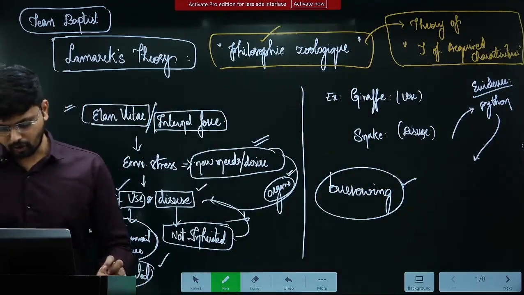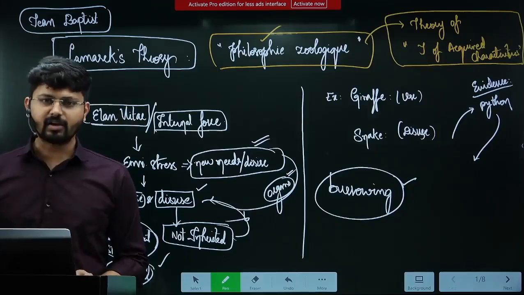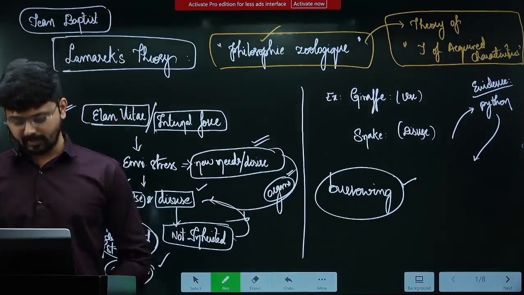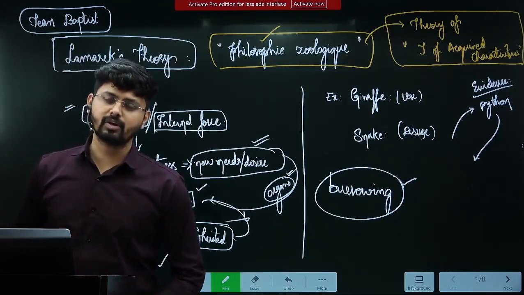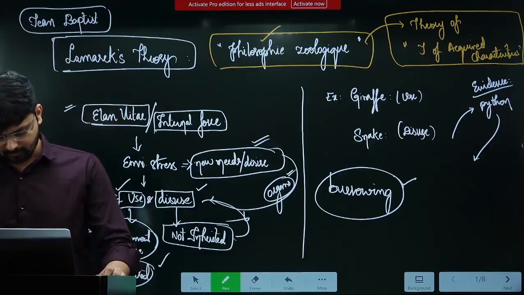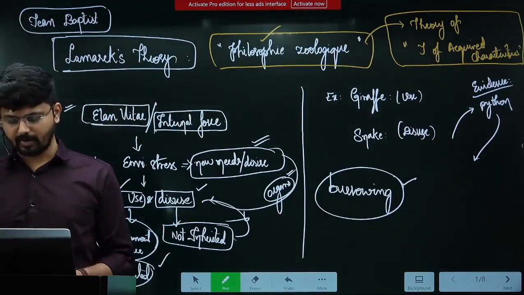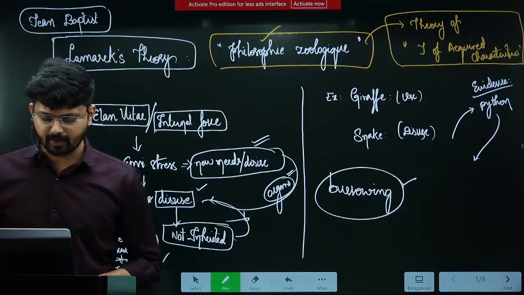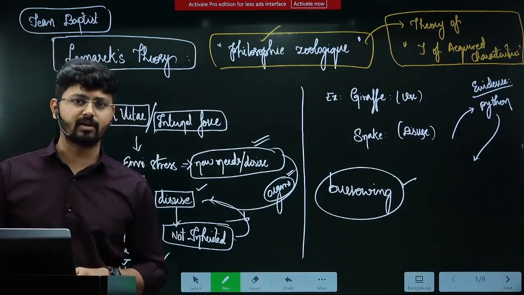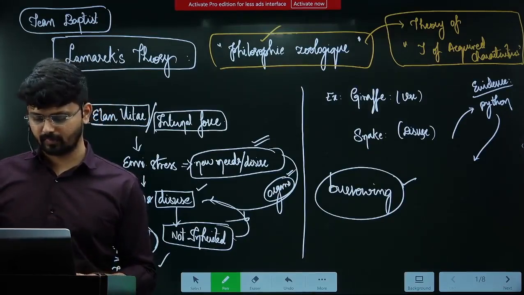Okay, so over many generations, these animals did not use their limbs, and hence resulted in the disappearance of limbs in the snakes.